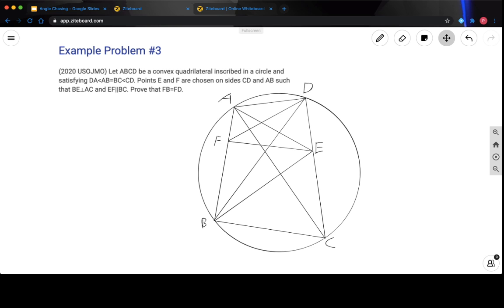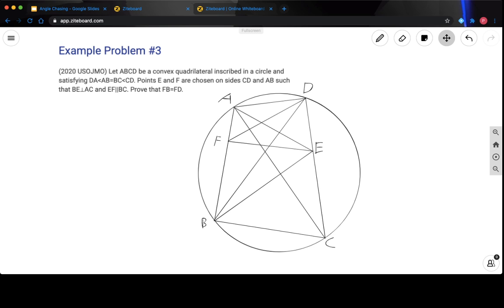Immediately, it's easy to see that E cannot lie on AB. Otherwise, its intersection point with AC would be at A, and hence it could never be perpendicular to AC. This means that E must lie on CD.